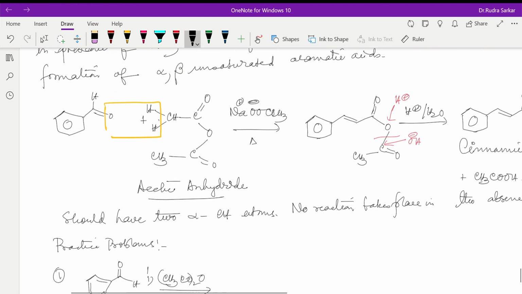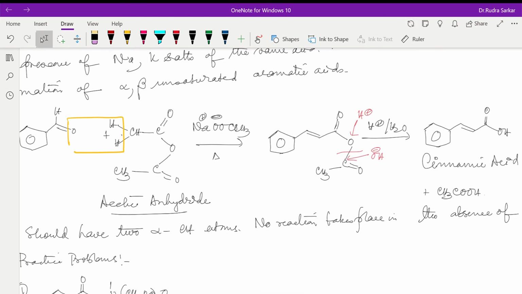Now if you just critically note, this is your benzaldehyde.